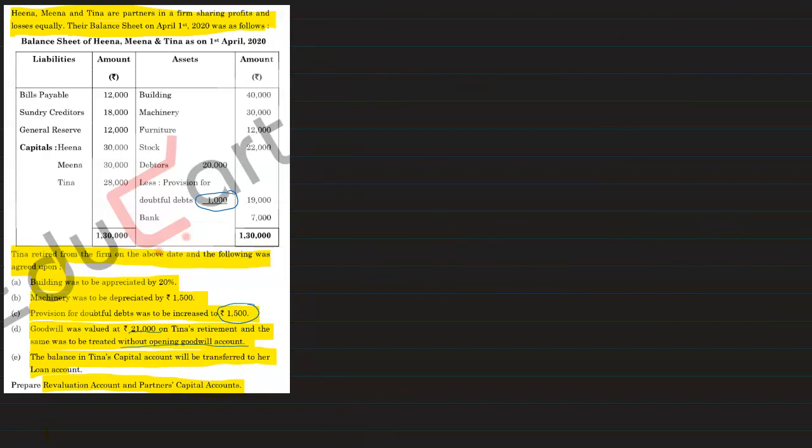Now this is the way from where we will actually start the question in the examination. At first, we will make the revaluation account. You all know the format, that the format of revaluation account is particulars, amount, the debit and the credit column.